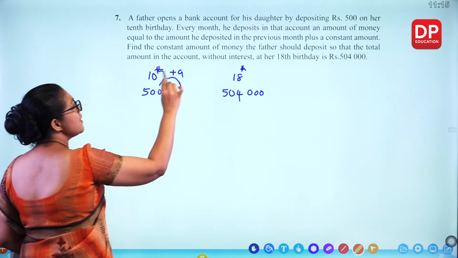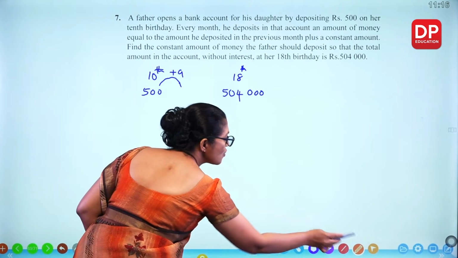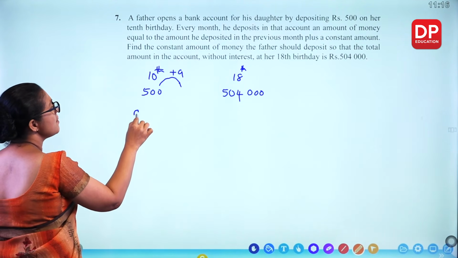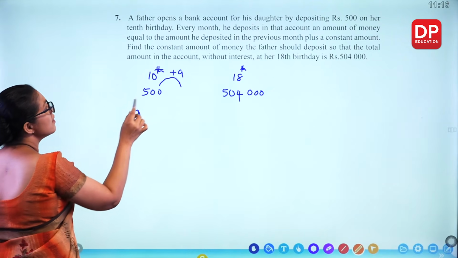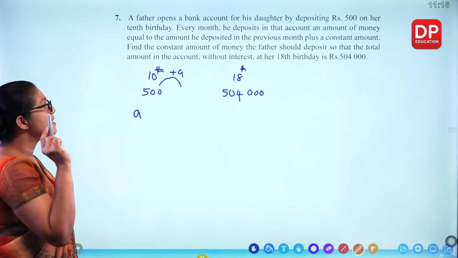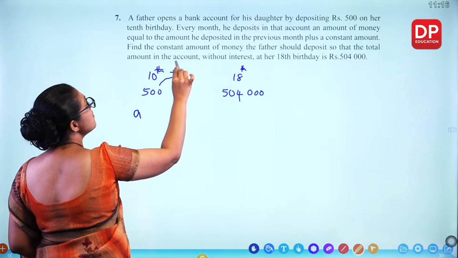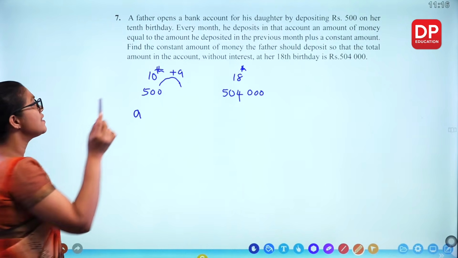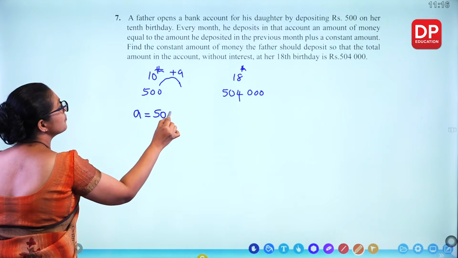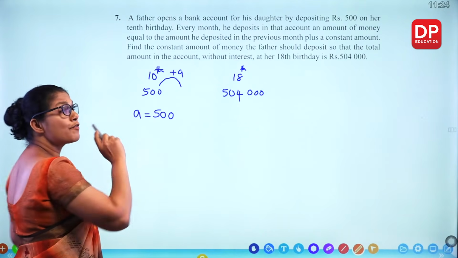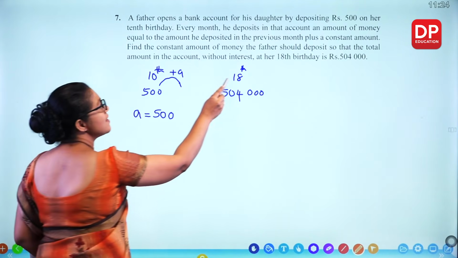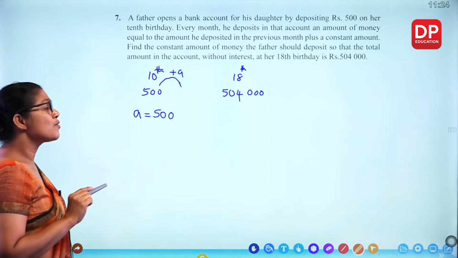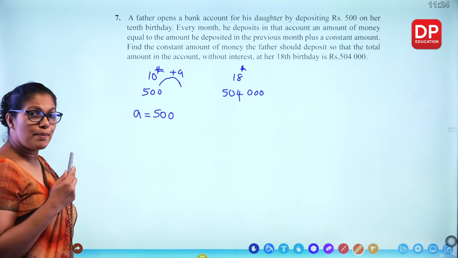So 10th term is given, 18th term is given. So this is an arithmetic sequence you can find out easily. So we'll start, the first term is 500, but that's the 10th birthday. Starting from 10th birthday, the sum of money in the bank is 504,000 in 18th birthday.